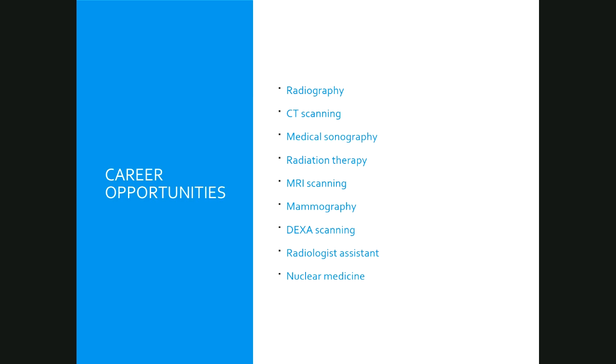So they do what's called a DEXA scan, and DEXA stands for dual energy X-ray absorptiometry. And again, this is on page 9, but this is the exam that they do. The person that does the DEXA scan is likely a radiographer, but they could go on and get their registry in bone densitometry, so they would get the initials BD behind their name.